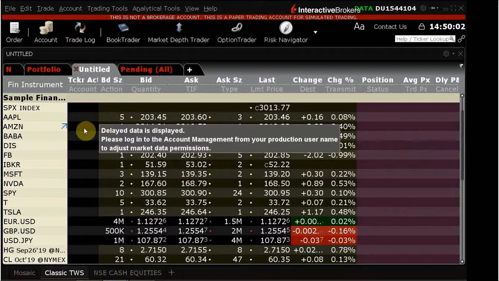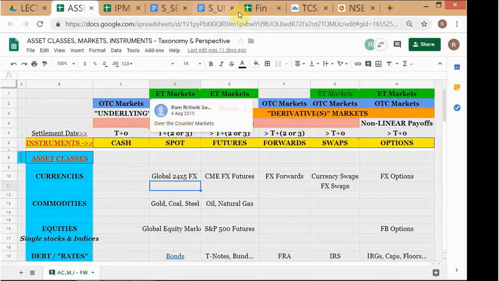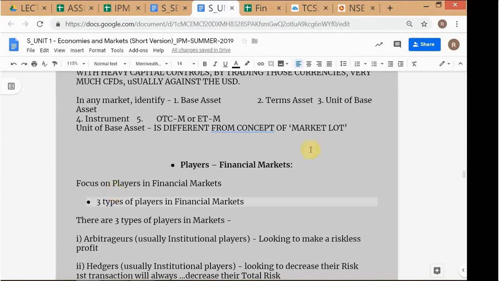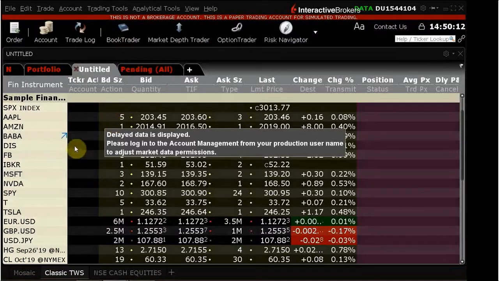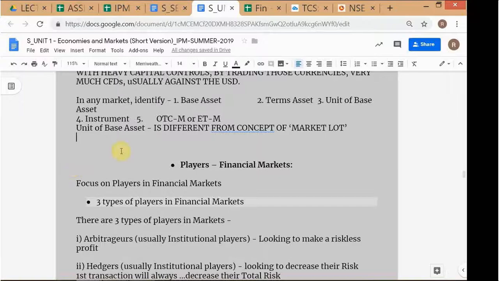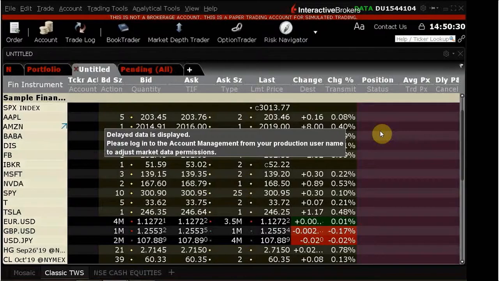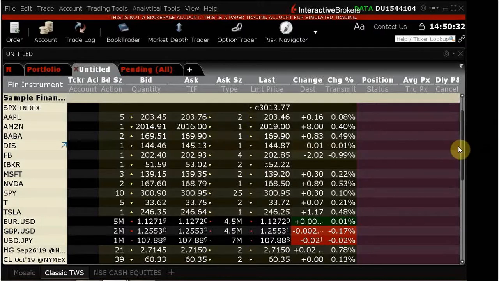This is what I mean by saying that when you're studying any market, be clear about the unit of the base asset, which in this example of common shares of Apple is one common share. But that is different from the concept of market lot. Market lot is decided by convention. There's no conceptual element in this. What is market lot? It is understood that this 203.45 price for you to sell is only available if you are dealing in multiples of 100 shares.